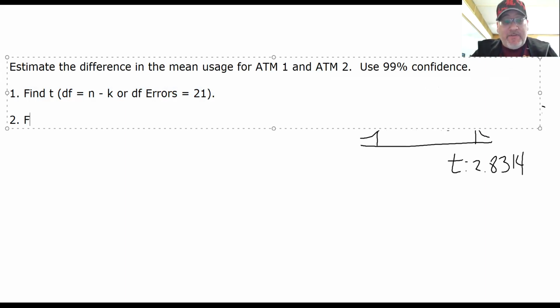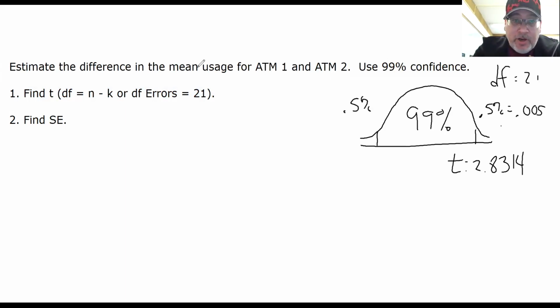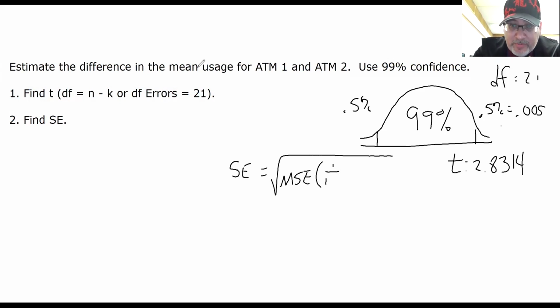Our second step is to find the standard error, and that's just a formula. So let's break out the formula. The standard error is the square root of MSE times 1 over the first sample size. Now, one thing we haven't really set up yet, and maybe we should have done that at the beginning, is what order are we estimating the subtraction problem in?